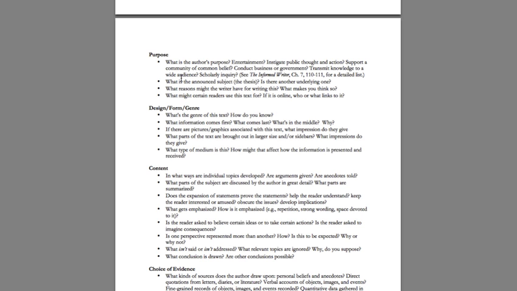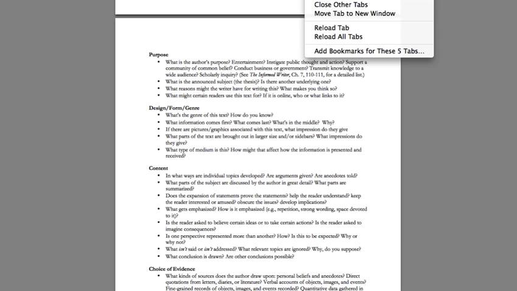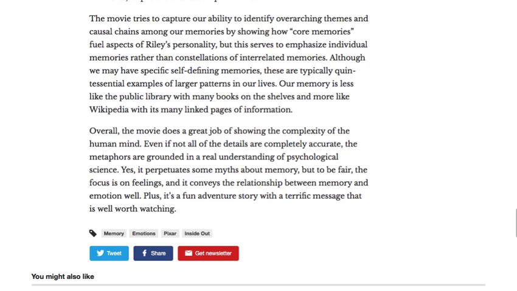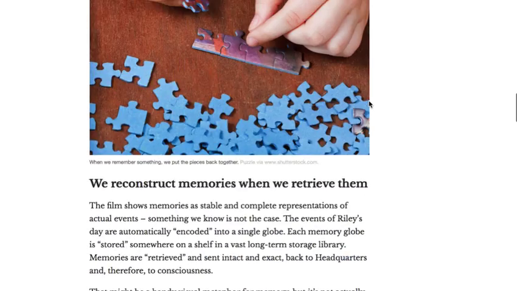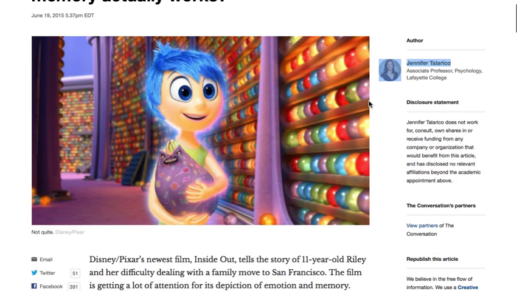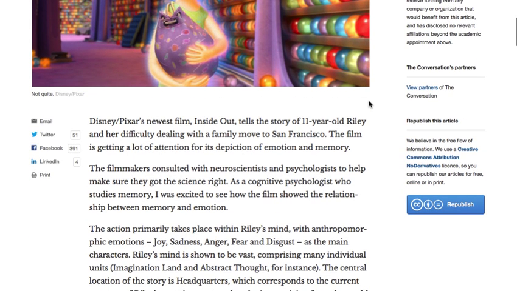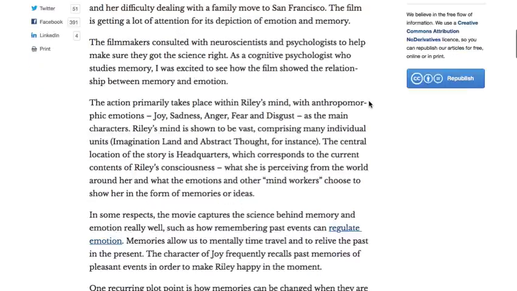Transmitting knowledge to a wider audience is definitely part of it. And we might even say she's trying to instigate public thought, having us think about the role memory plays in our lives, and correcting some of the myths that we have about memory.